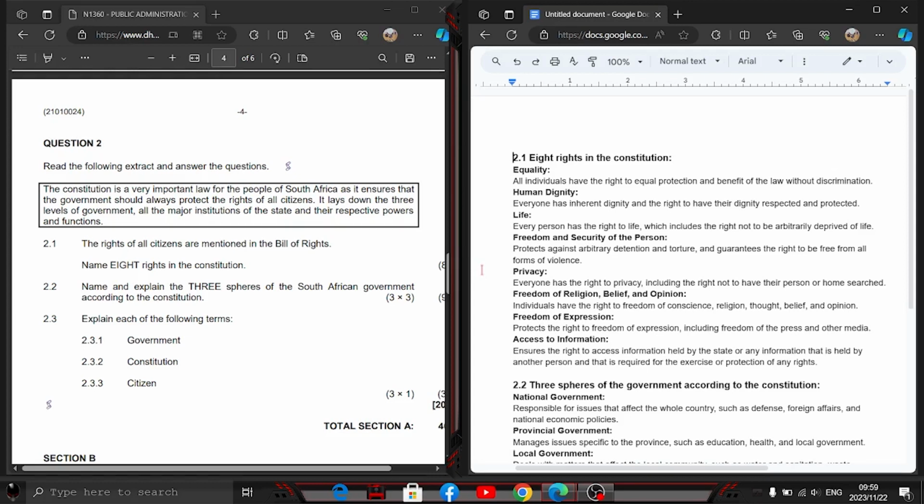You understand? So the next right that we have is freedom of expression. This one protects the right to freedom of expression, including freedom of the press and other media. You understand? That is why we are able to go onto social media and voice our opinions about the government. You understand? It is within our right.